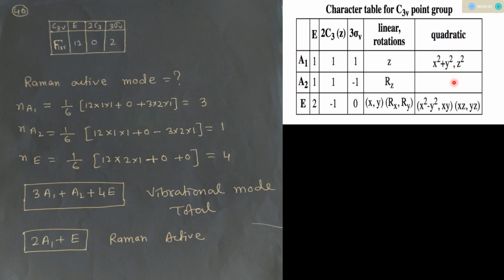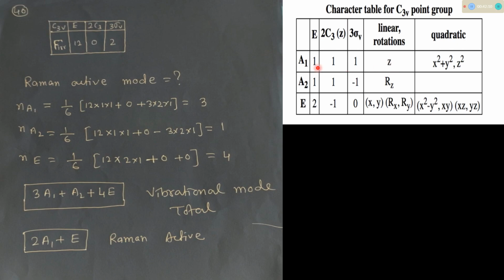If there is no term in that column, that means that irreducible representation becomes Raman inactive. If there is a linear term, meaning x, y, z or Rx, Ry, then the corresponding irreducible representations are IR active.